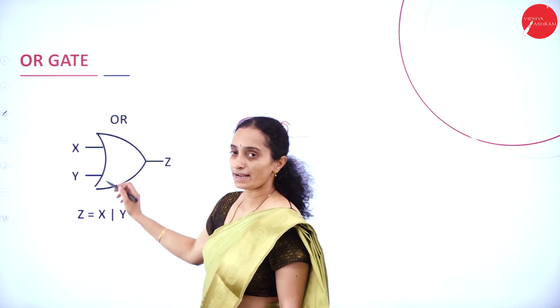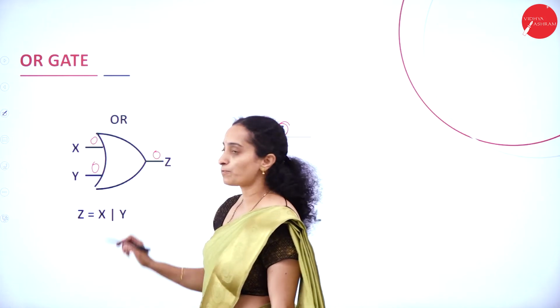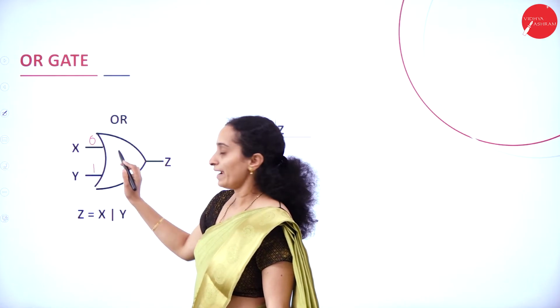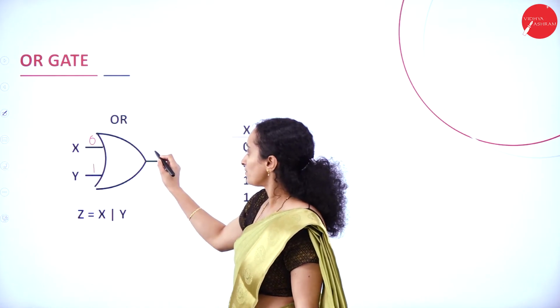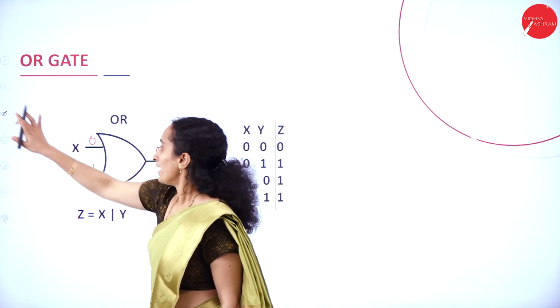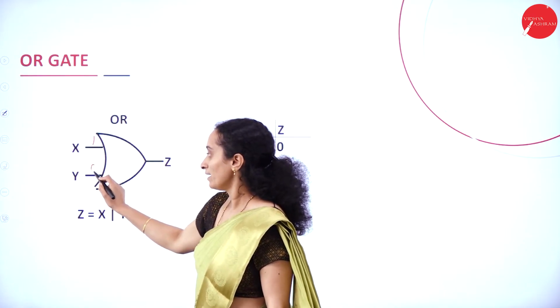Now we have again 2 inputs and 1 output. If you have both zeros, 0 plus 0, the output will be 0. If you take x as 0 and y as 1, 0 plus 1, the output will be 1. Another case is when x becomes 1 and y becomes 0.